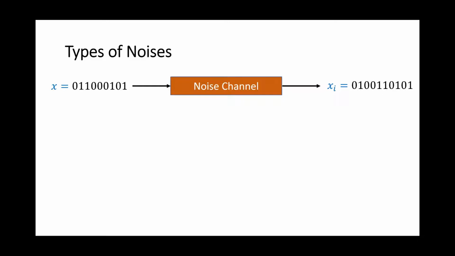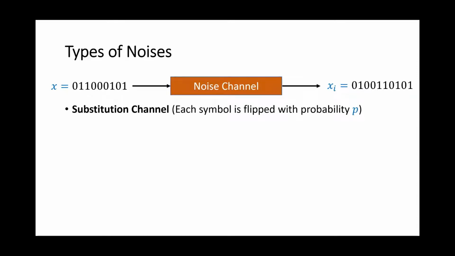So here is the type of noise that we consider. There is a probabilistic noise channel. This unknown string will pass through it and it will generate the traces. There are several types of noise channels. The simplest one is the substitution channel, where each symbol is flipped with probability p.